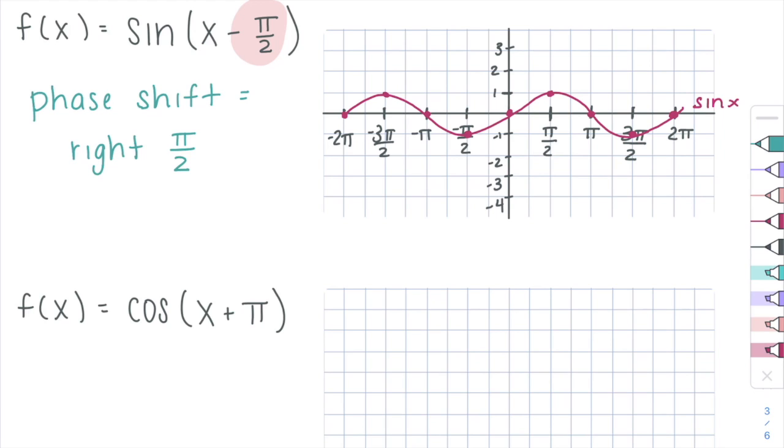So my origin moves to pi over 2. This point moves over to pi. This point moves over to 3 pi over 2. Moving over. And so on. I may run out of room.